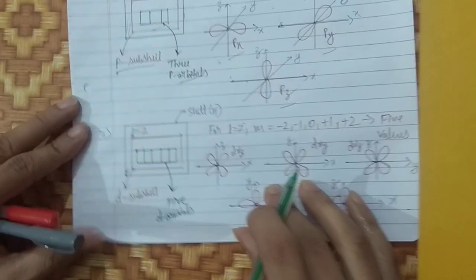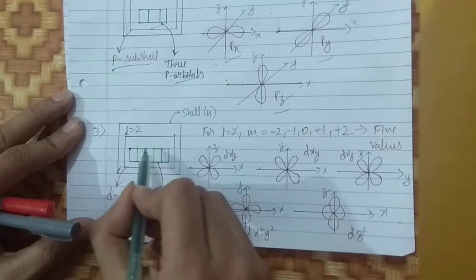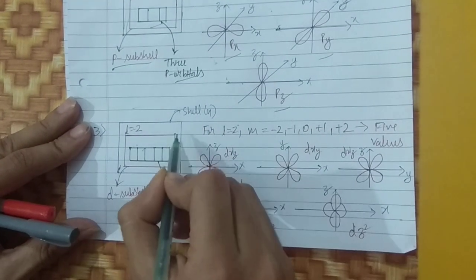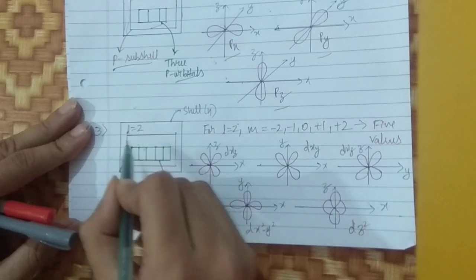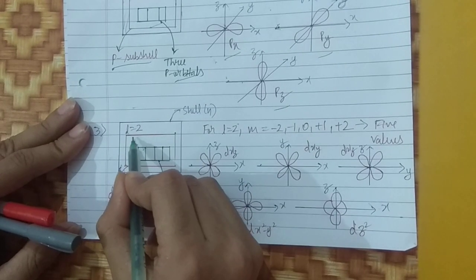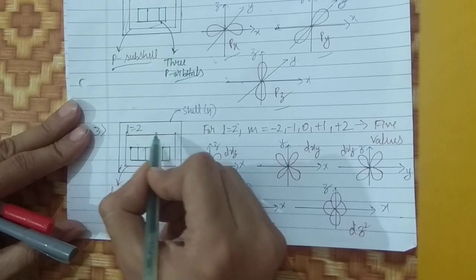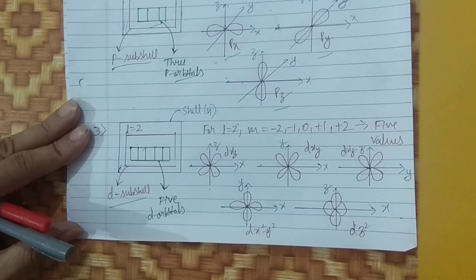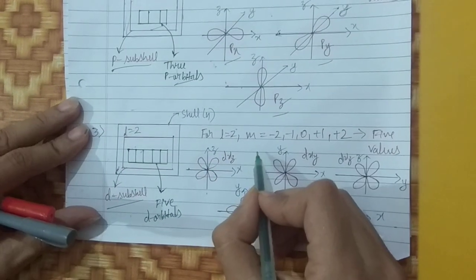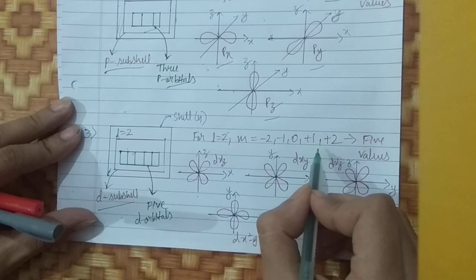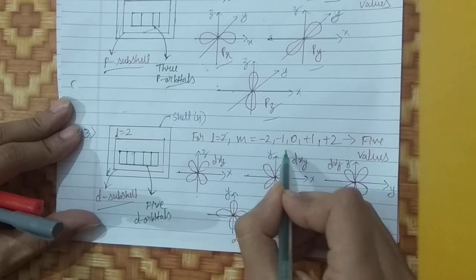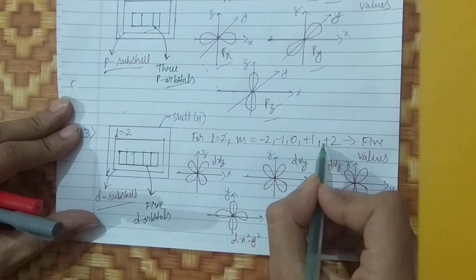Now in the next diagram you can see again a big box, which is a shell, and inside this big box there is another red box which is the subshell, and for this subshell the value of l is 2. That's why it's a d subshell. For l equal to 2 there are 5 possible values of m, which are -2, -1, 0, +1 and +2.